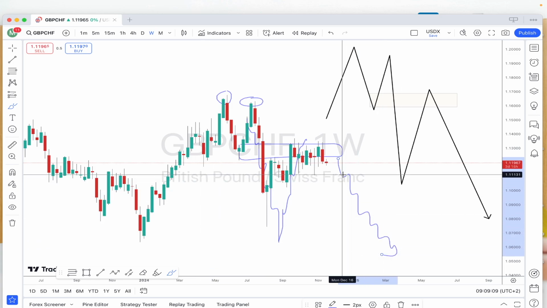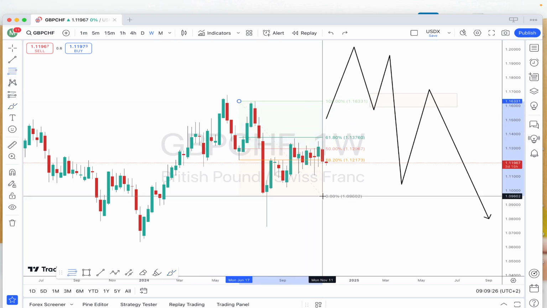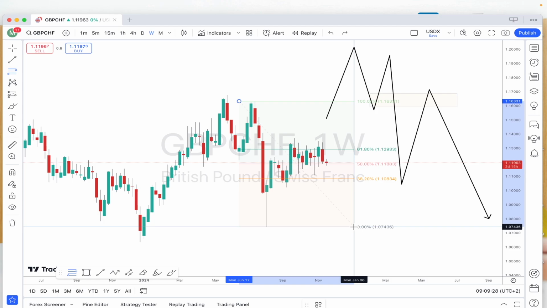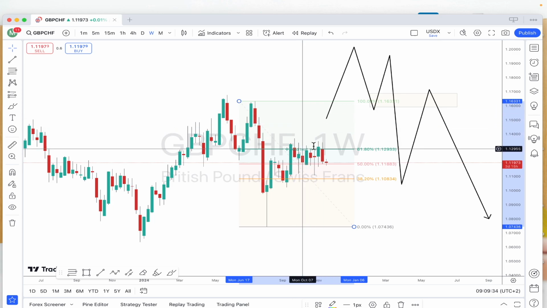And again, if you want to try and understand premium and discount, when you're looking at ICT, you just put your fib level on the highest point and push it all the way down. The rule of thumb is that you are only worried about everything that is on the other side.